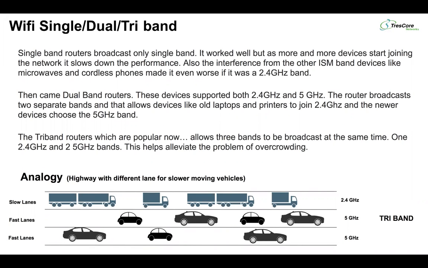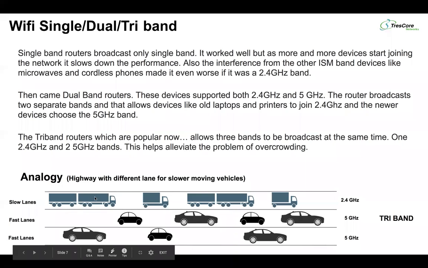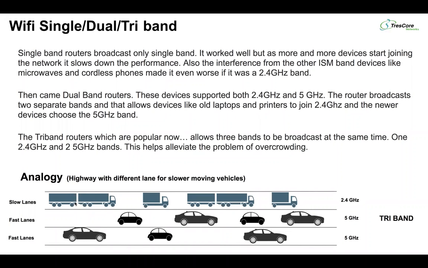They came up with the idea of multiple bands so that slower or older devices that work only on 2.4 gigahertz can use the 2.4 gigahertz band. In this analogy, trucks, which move slower than cars, take their own lane on a highway.